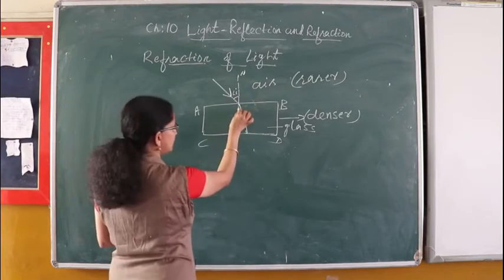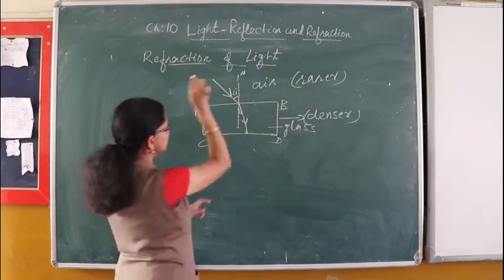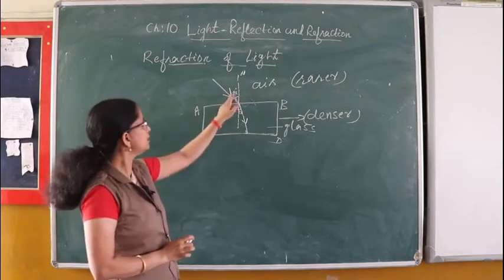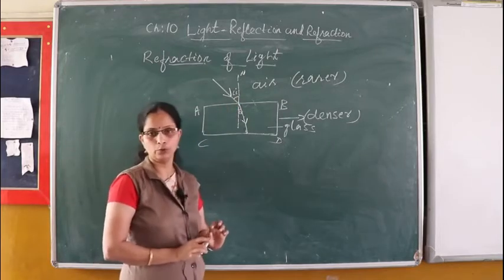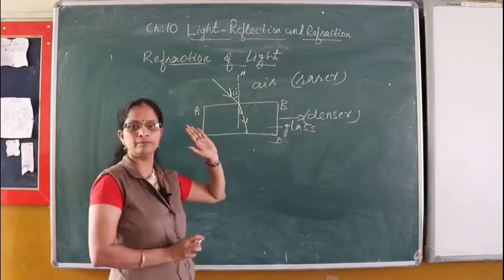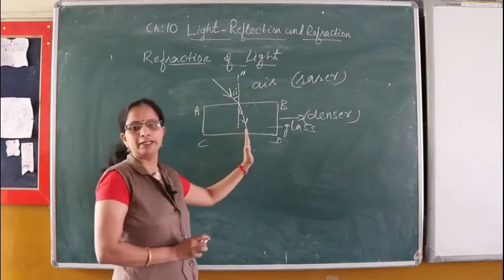In this case, angle I and angle R are not equal, because when light enters from rarer to denser, bending of the ray takes place.